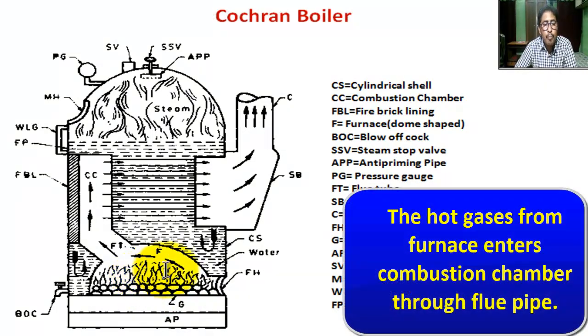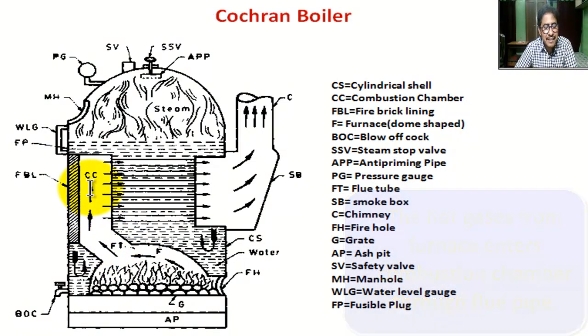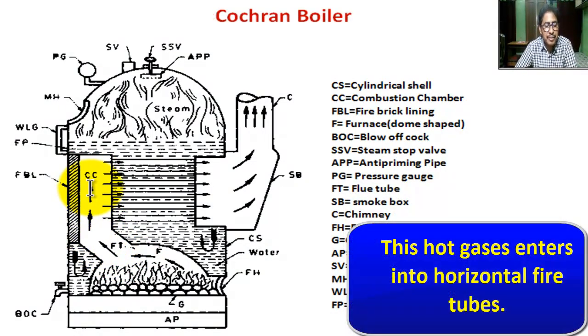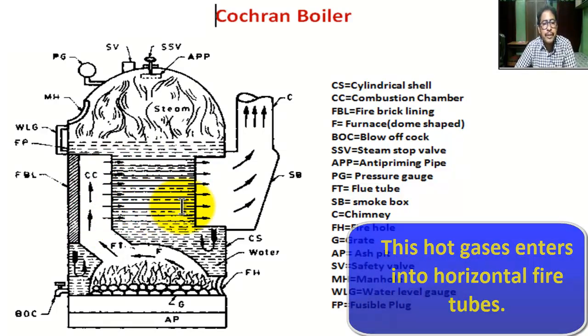The hot gases from the furnace enter the combustion chamber through this flue pipe or flue tube. The hot gases then enter into the horizontal fire tube.